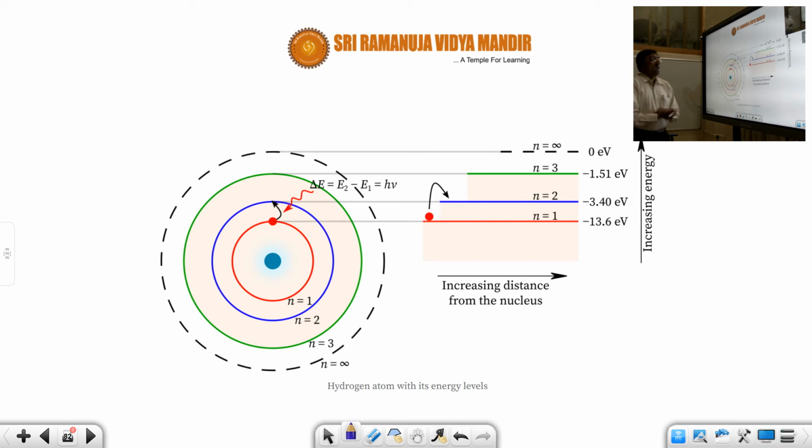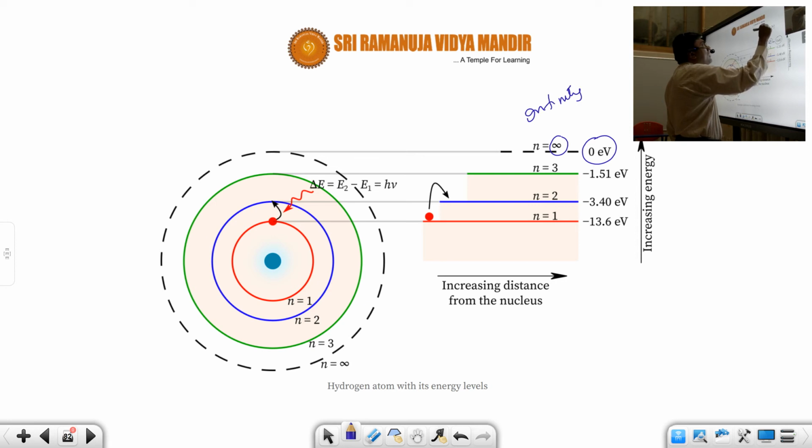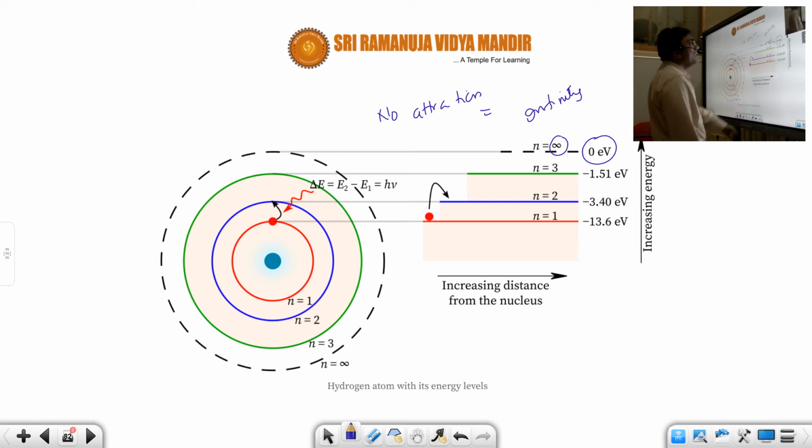Now, already I have given this; just now I conveyed to you. Here there is no negative value. You can see if n is equal to infinity, at infinity distance, there is no attraction. So when there is no attraction, naturally there is no positive or negative.